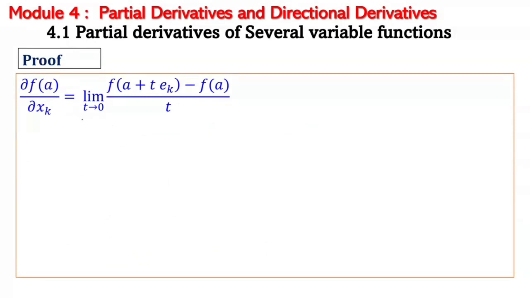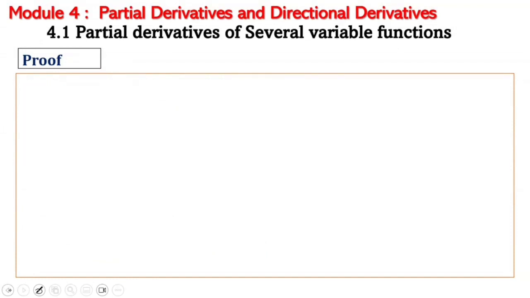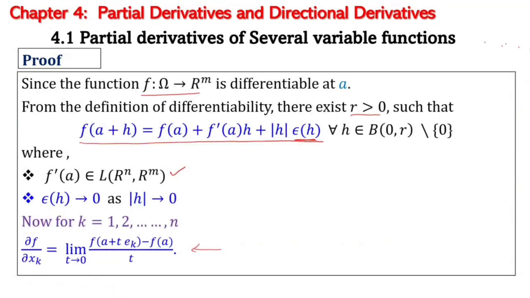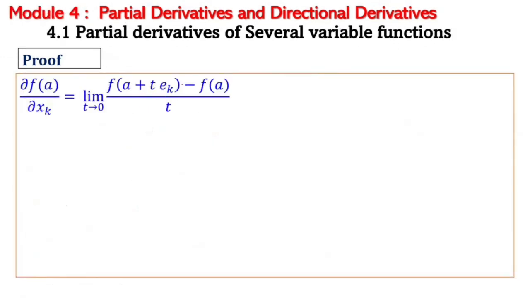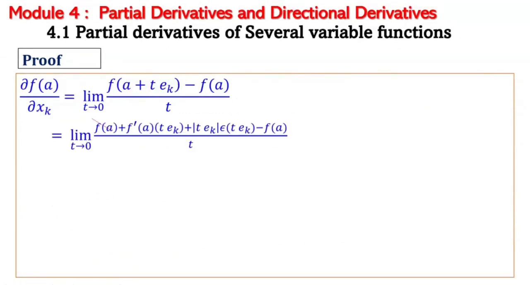This formula is given in the previous lecture, slide number 6. Now this del f del xk is limit t tends to 0 of f of a plus t ek minus f of a over t. So from the previous formula, we open it now, and then we get f of a plus f dash a t ek plus epsilon t ek, minus f of a, over t.